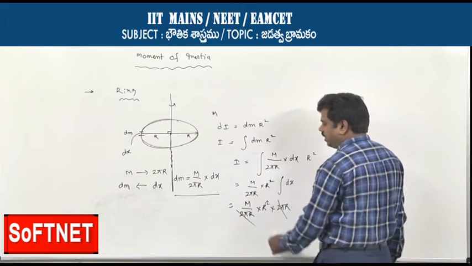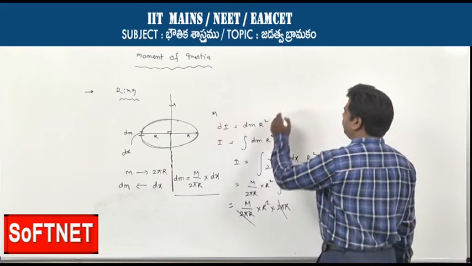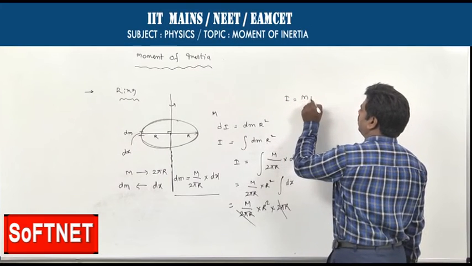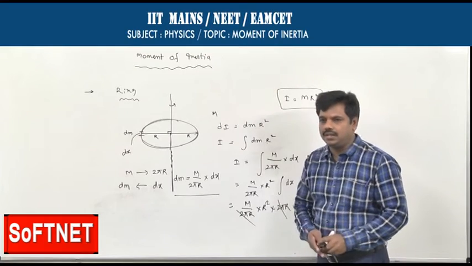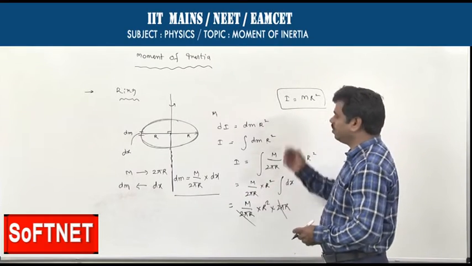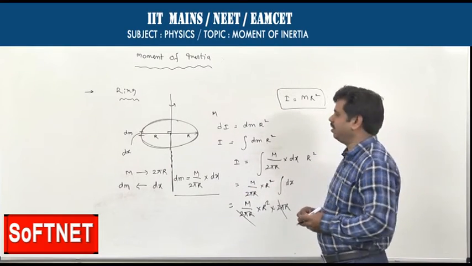Then 2 pi r gets cancelled. Then simply you will get the moment of inertia of the ring about the axis passing through the center and normal to its plane, I is equal to mr square.